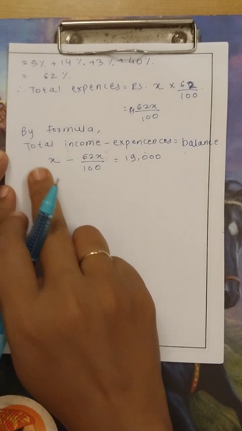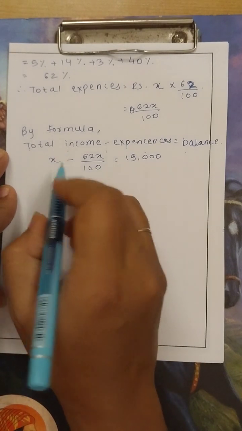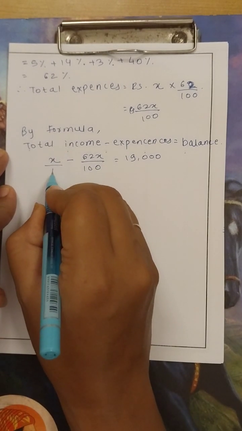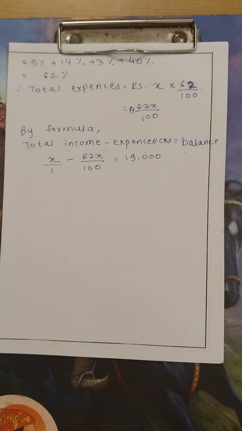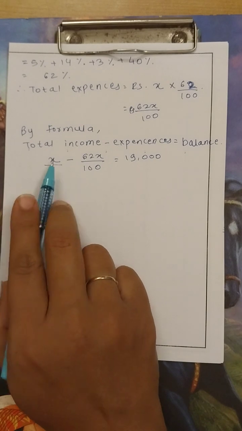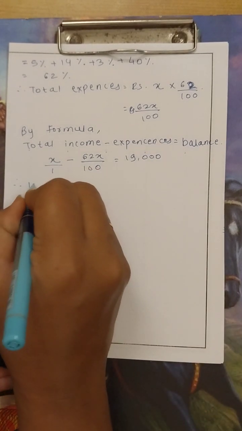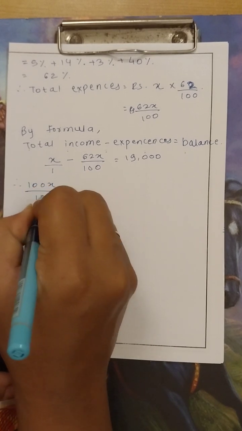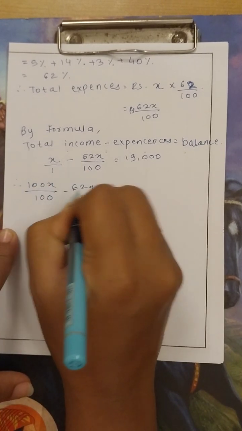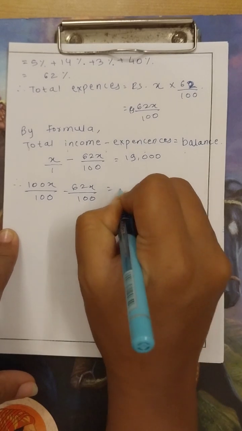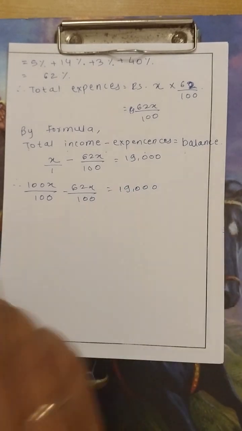We have to do this first. Here there is nothing but 1. Denominator is 1. We have to multiply numerator and denominator by 100. So what we get? 100x upon 100 minus 62x upon 100 is equal to 19,000.